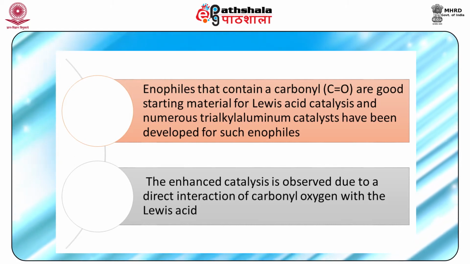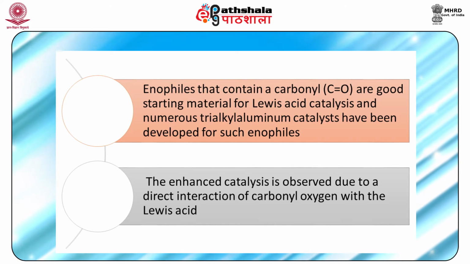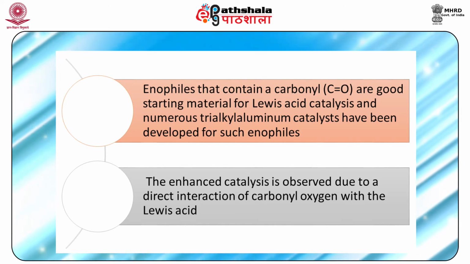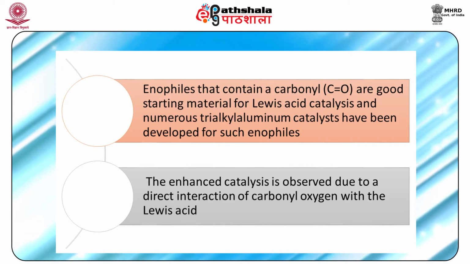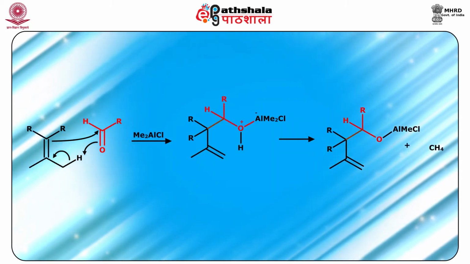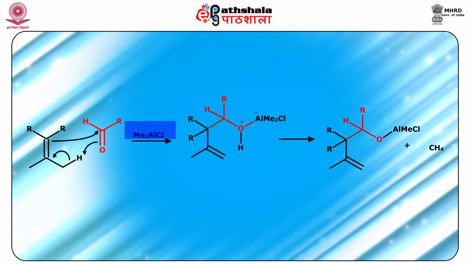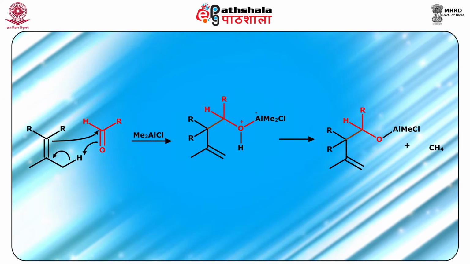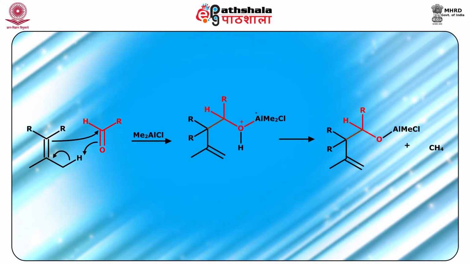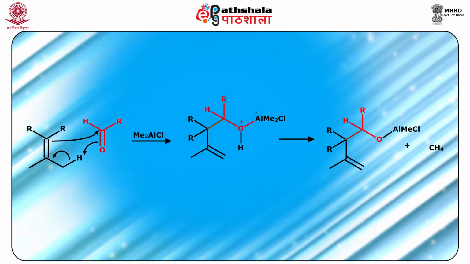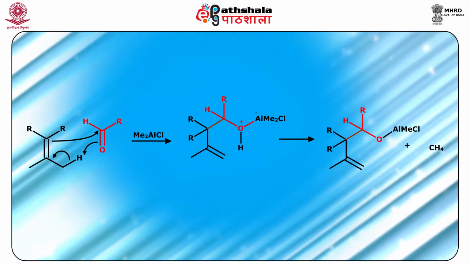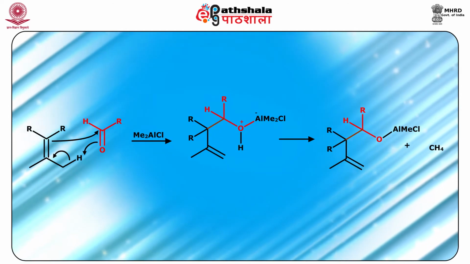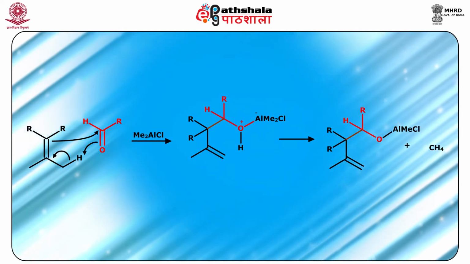The enhanced catalysis is observed due to a direct interaction of the carbonyl oxygen with the Lewis acid. In particular, it was found that dimethyl aluminium chloride is a very useful catalyst for the ene reactions of alpha beta unsaturated aldehydes and ketones, as well as of other aliphatic and aromatic aldehydes.